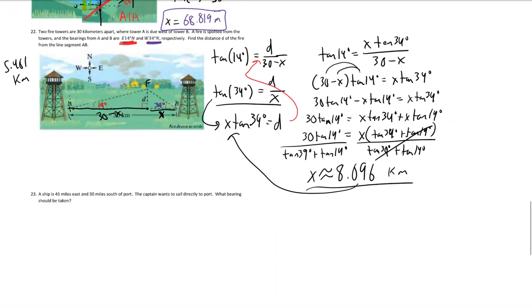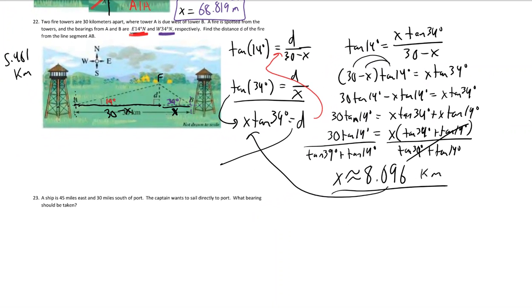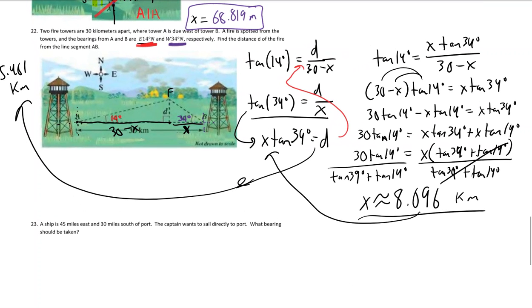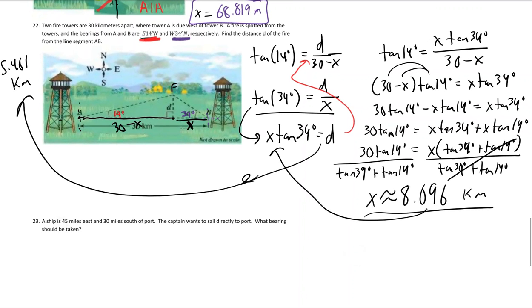Okay, that's what it was. So then you plug it in here, and then finally you end up with an answer of D, which was 5 point. Yes. If it's on the practice worksheet, I don't know why it wouldn't be on the quiz.